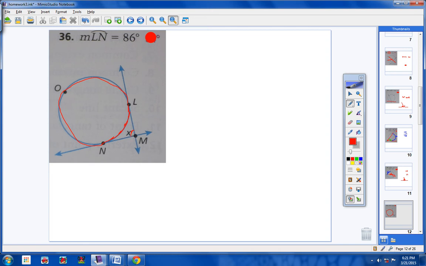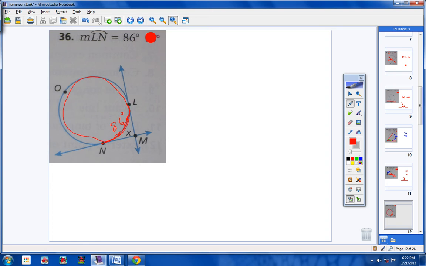So with that in mind, let's see what they give us. They give us LN is 86 degrees. So I'm going to highlight this arc right here in red and put 86 degrees. Now we know that an entire circle is 360.